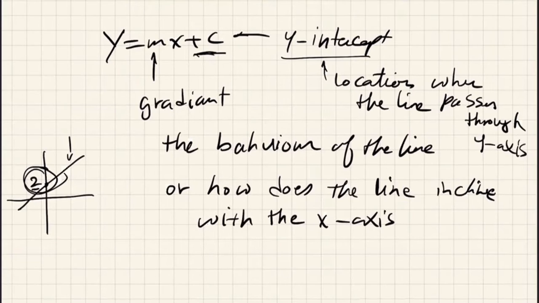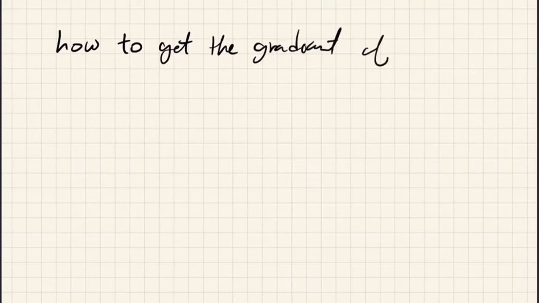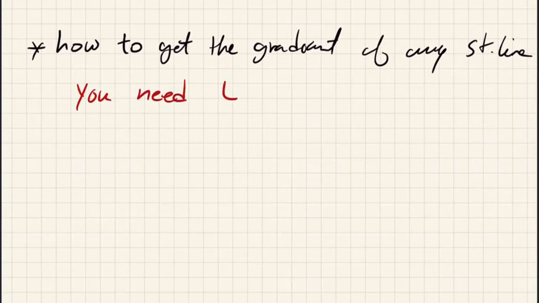Okay, then after that you have to get the m using the y2 minus y1 over x2 minus x1. Okay, how to get the gradient of any straight line? You need 2 points.